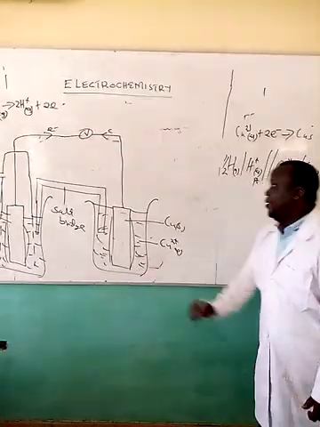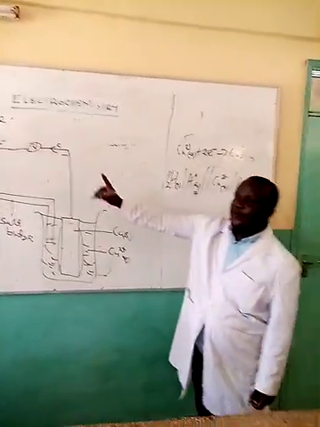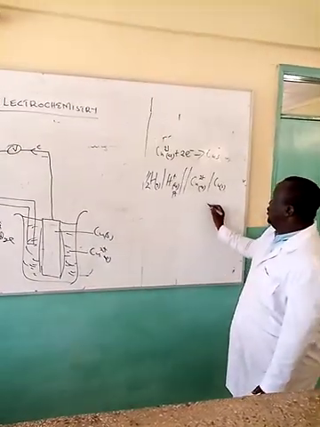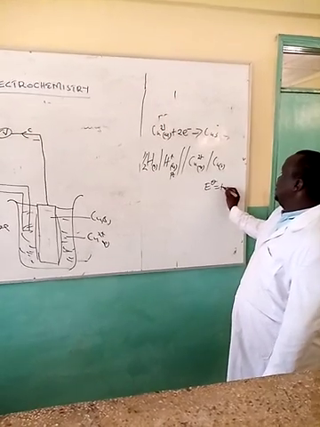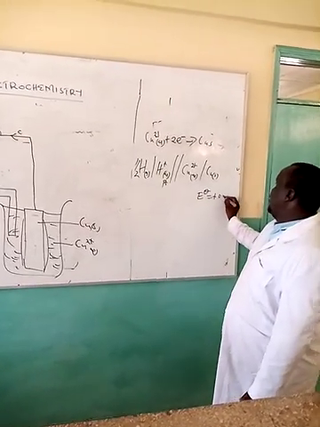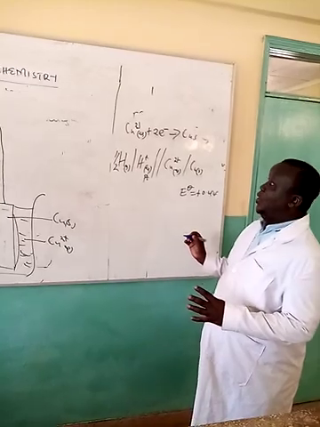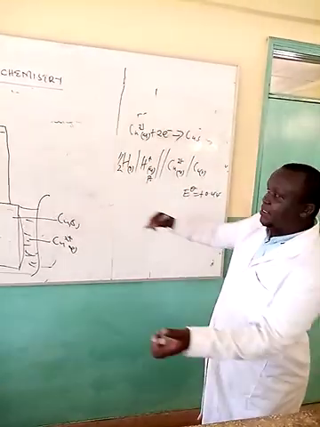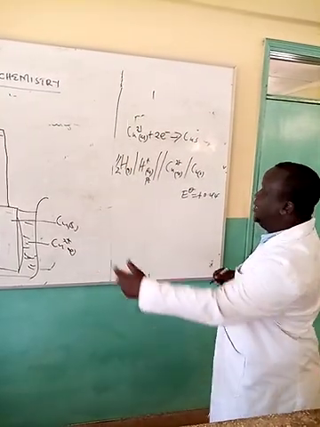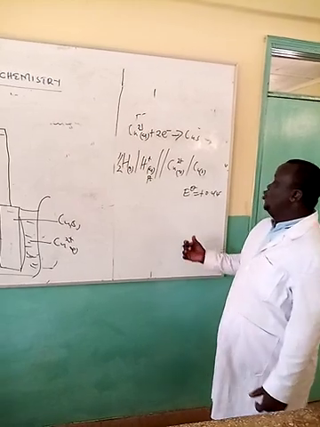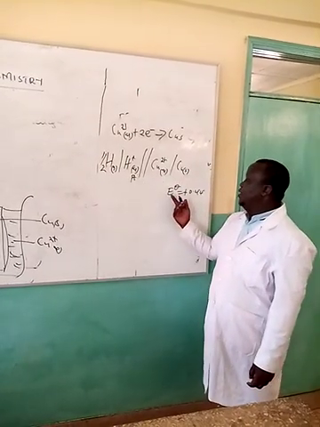Whatever is deflected in the voltmeter, in this case, we assign it positive. In this case, positive 0.34. Why positive, while when we had zinc on the left hand side, it was negative? Why do we assign copper in this case positive?